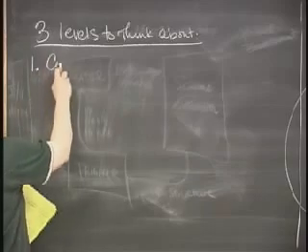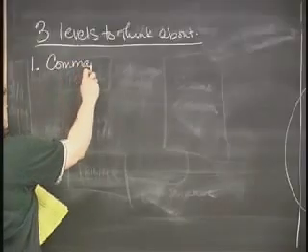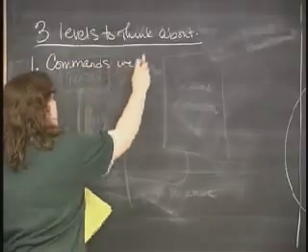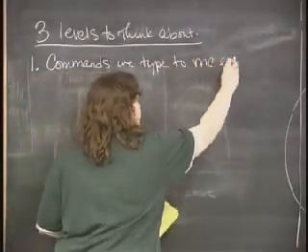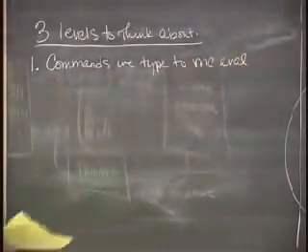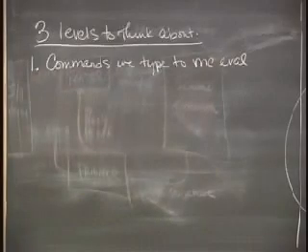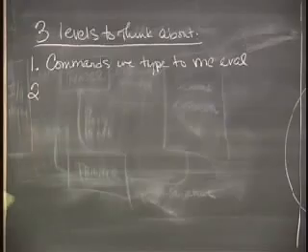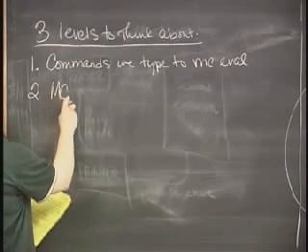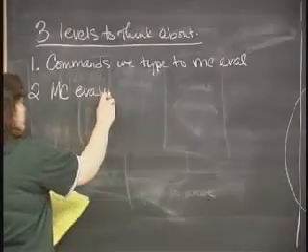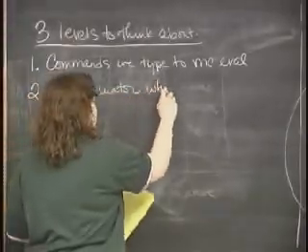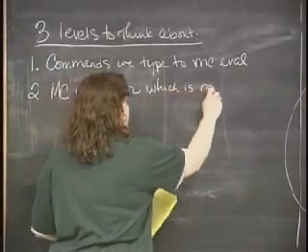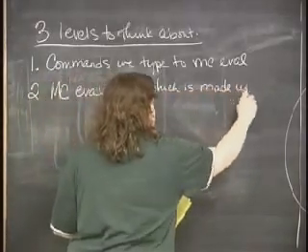This is going to be the commands we type in. So these are the commands we type to the metacircular evaluator, which will be evaluated by MC eval. The second level, well, that's the metacircular evaluator, which is made up of MC eval and MC apply.